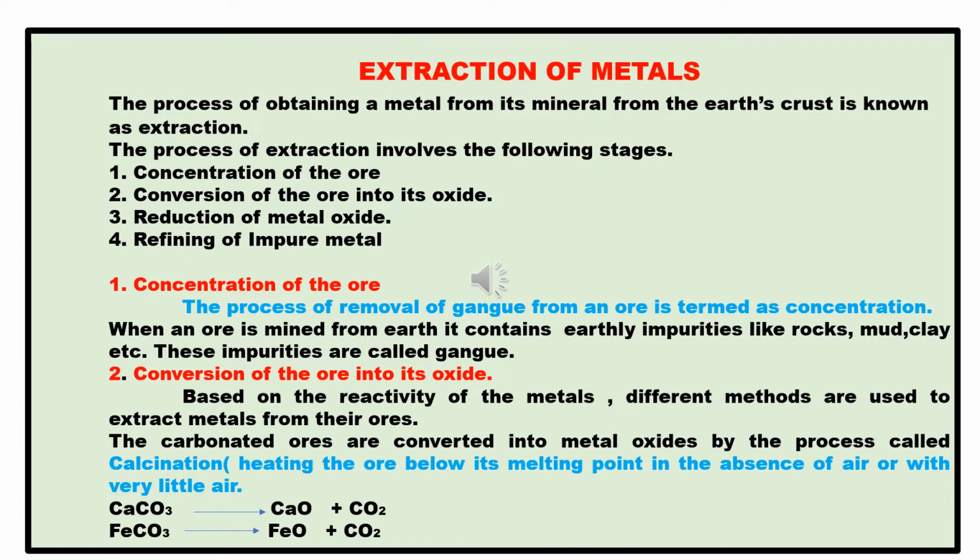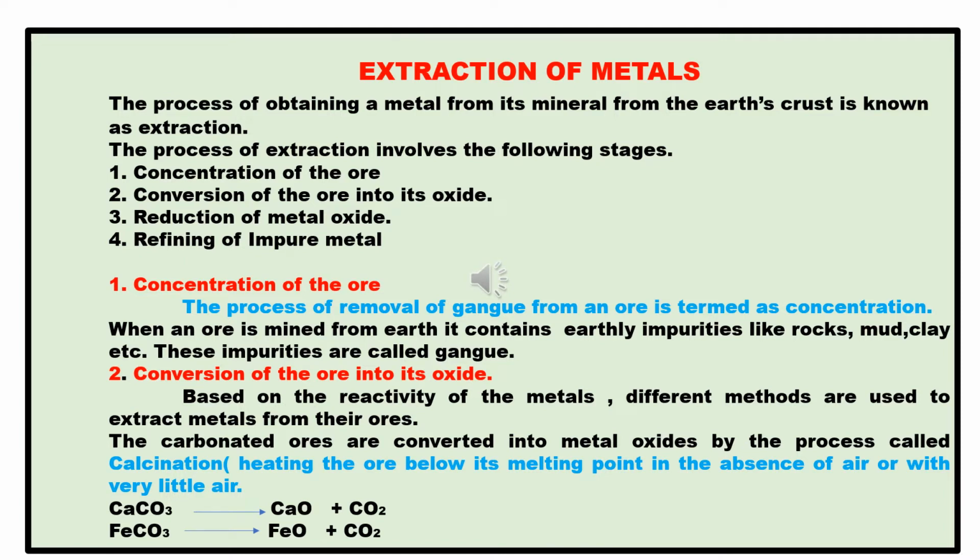An ore can be in carbonate form, it can be in sulfate form, sulfide form, or oxide form. If an ore is in carbonate form, then it should be converted first into its oxide, and that is by a process called calcination. So let's see what is calcination.